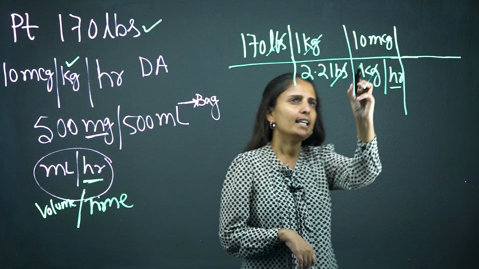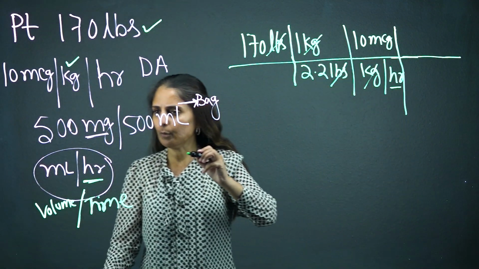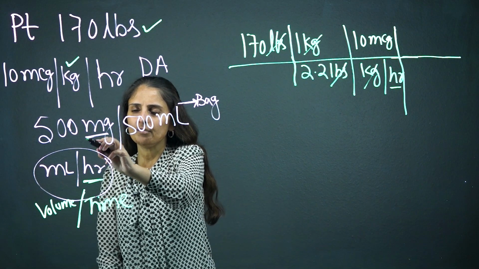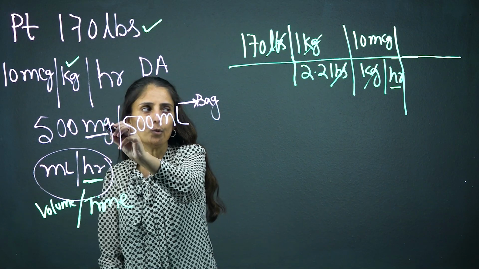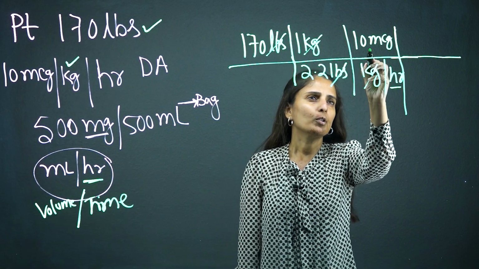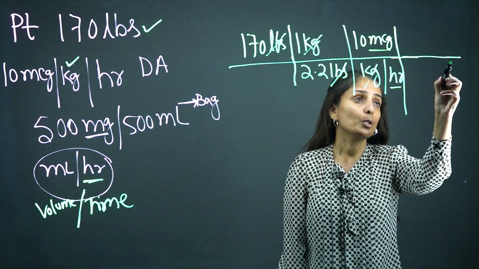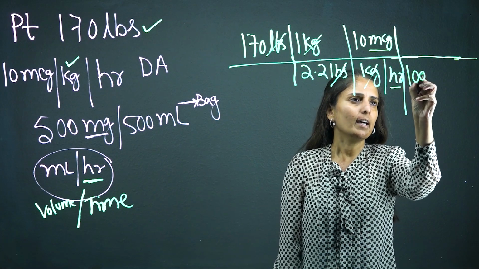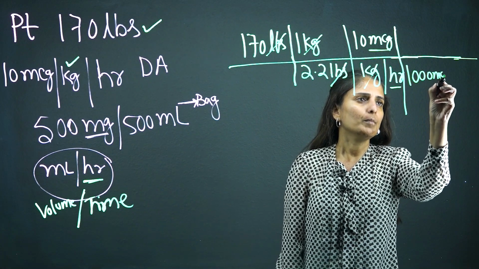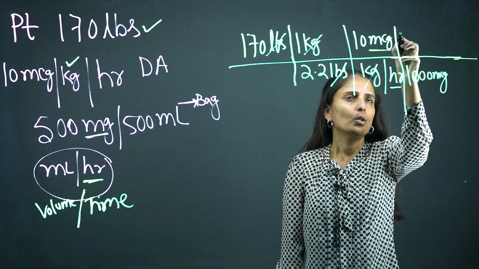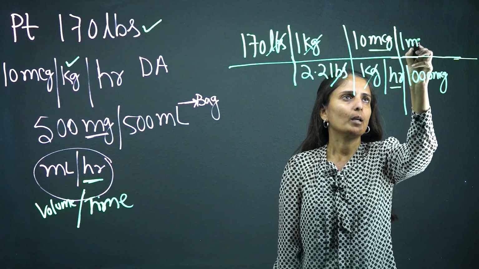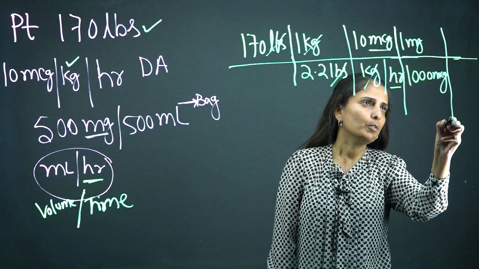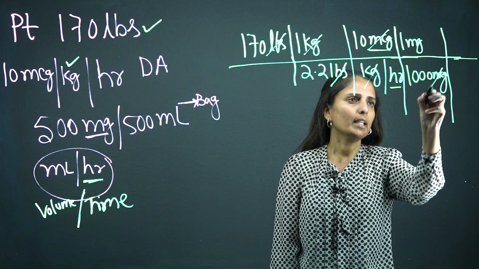So you have 10 micrograms per kilogram per hour. And then the bag is available in 500 milligrams. Before we do that though, we have to convert this micrograms to milligrams. So we know that 1000 micrograms equal 1 milligram. Now, if you see here, we're going to cancel micrograms and micrograms.